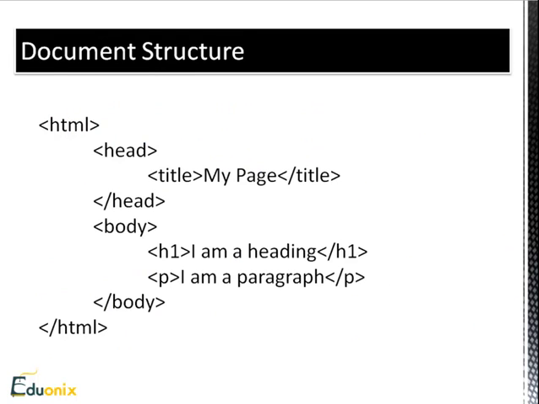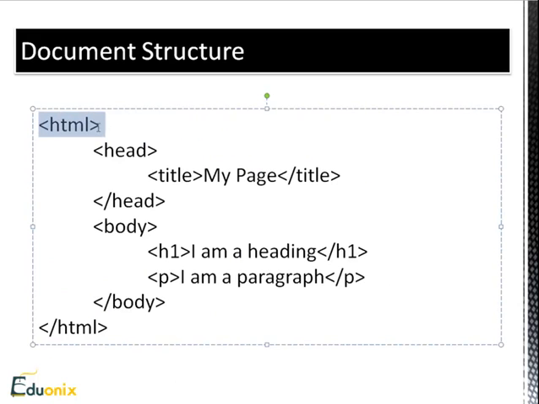Now here's the document structure of, I guess, the most simple HTML document that you can create. Like I said, we have the tag structure. We always need the opening HTML tag, and then we have the opening head tag, and this is the closing head tag.